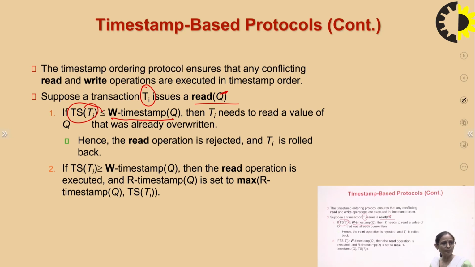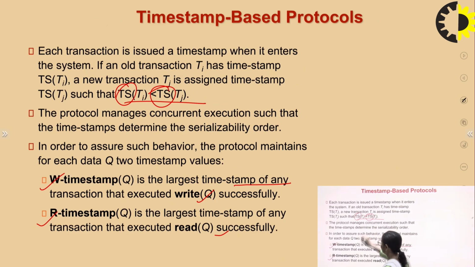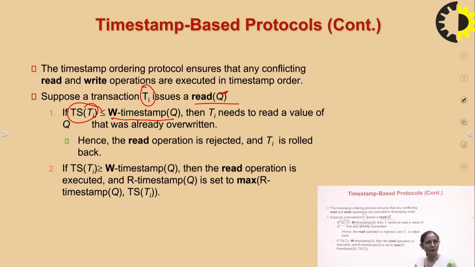Hence, the read operation is rejected. Because W timestamp is the largest timestamp of any transaction that executed write Q successfully, this value has been overwritten and TI is trying to read an overwritten value. So this read operation needs to be rejected and TI is rolled back.